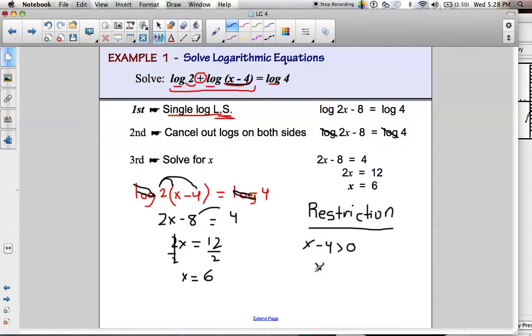So x is greater than 4. So what this tells us is when you have a restriction that this answer over here has to be greater than 4. And because 6 is greater than 4, we give the check mark. Good. It's a solution.